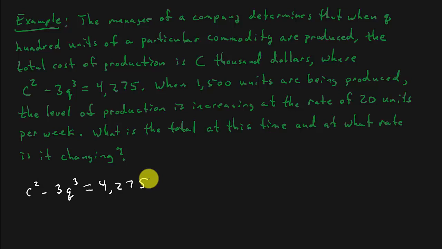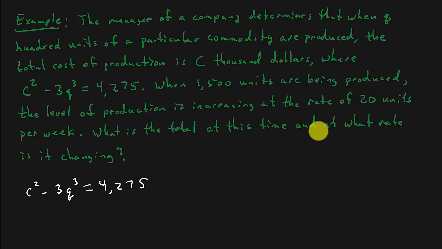All right. So I tell you what, let's do this. Let's find the derivative, and then let's determine what we're trying to find, and how we get the information for the variables we need numbers for to plug in.